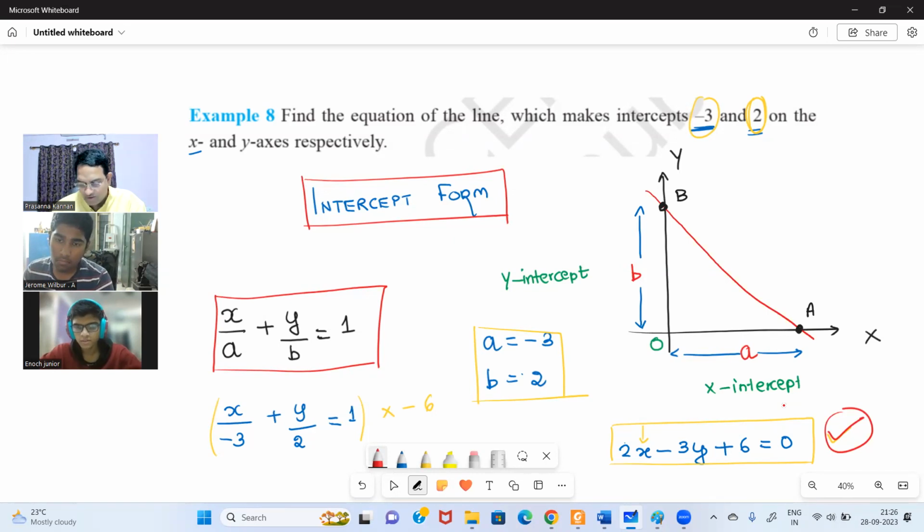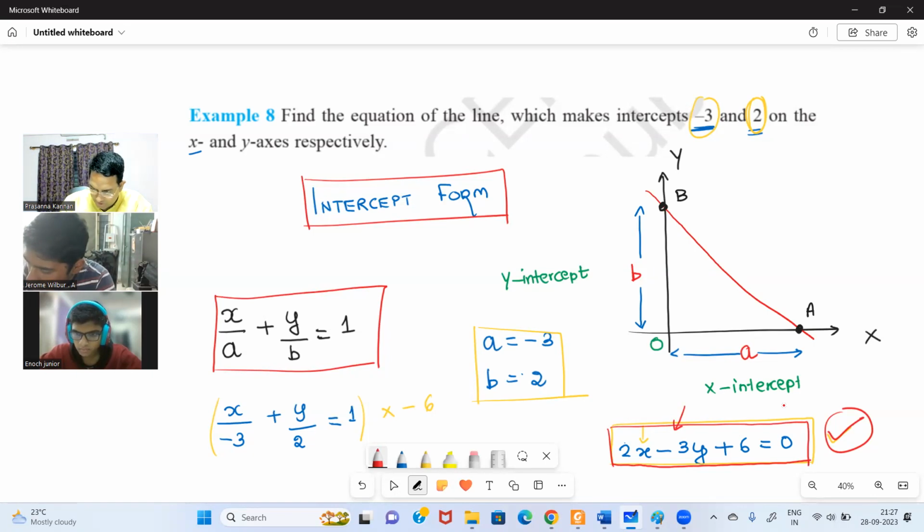So how do you check whether your answer is correct? See here. In this equation, put x equal to 0. When you put x equal to 0, that refers to the point where the line meets the y-axis, correct? So if you put x equal to 0, 2 into 0 is 0. What are you left with?